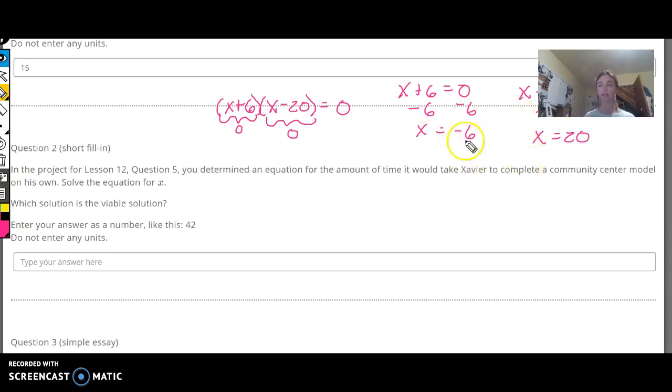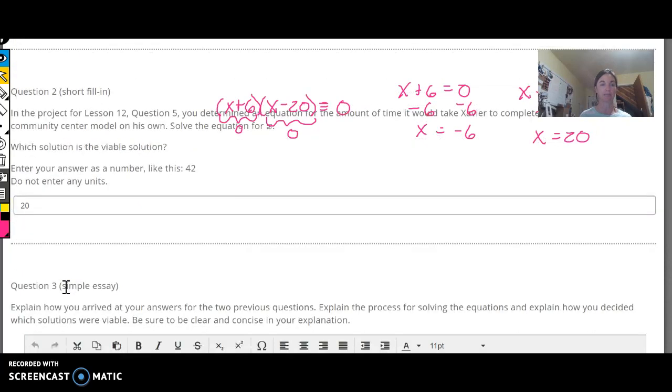Okay, I could plug x equal negative 6 in for x here, or I could plug 20 in for x, and I would get either 20 minus 20 and a 0 quantity there, or negative 6 plus 6 and a 0 quantity here, which would make this whole equation 0. So once again, we're dealing with time, so we cannot have a negative value, and our only viable solution is 20. Okay, so those were indeed quite quick.